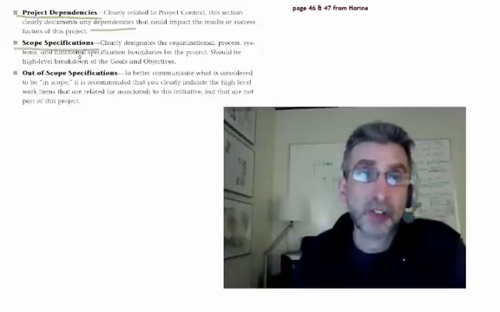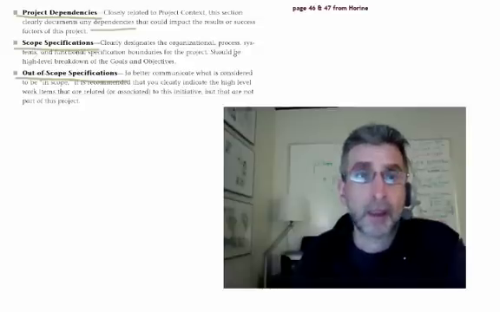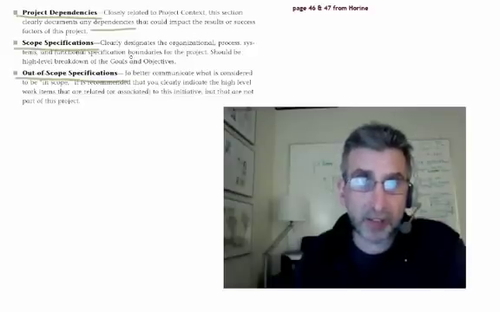Scope specifications and out-of-scope specifications are probably 2 of the most important things to start to define in the project definition and ultimately in the whole project plan. The scope really defines all the areas, all the things that you're going to work on, and puts a boundary around that.